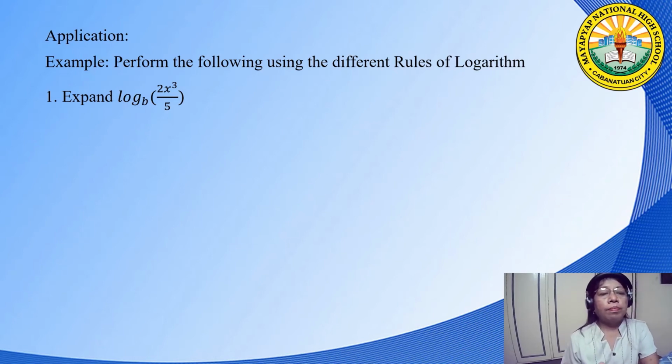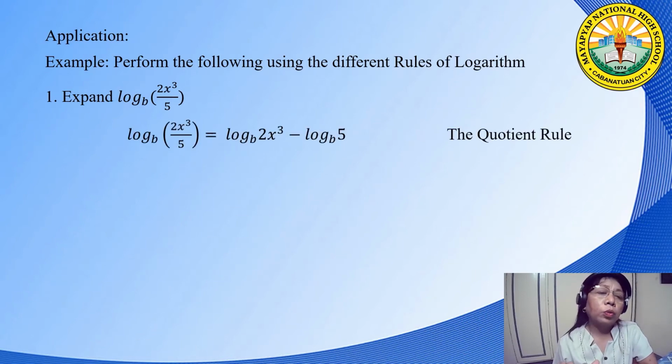So you may apply the quotient rule. To apply the quotient rule, you are going to use the definition of the quotient rule. So we have logarithm of 2x to the third to the base b minus logarithm of 5 to the base b. So you subtract.